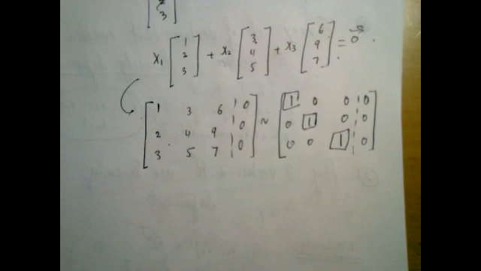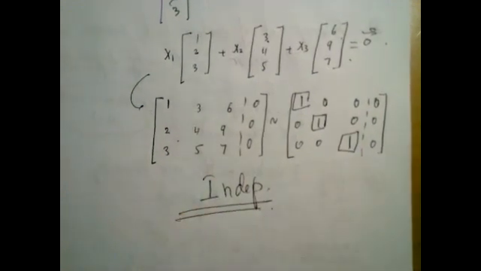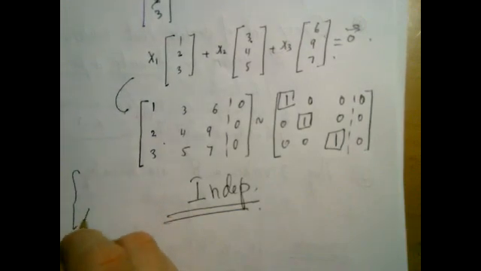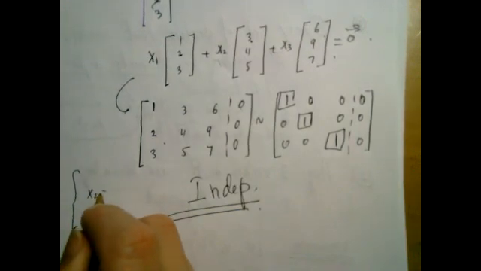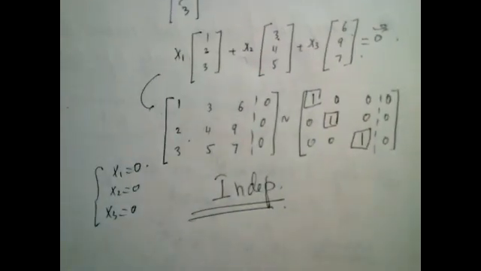Why? Because you have the unique solution there, and there are no free variables. The only solution is x3 equal to 0, x2 equal to 0, x1 equal to 0. It means independent. If the only solution is zero, the vectors are independent.